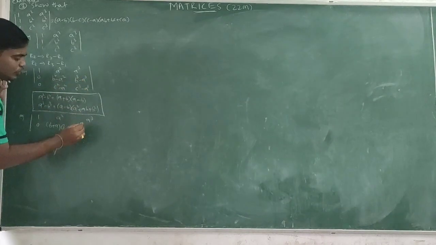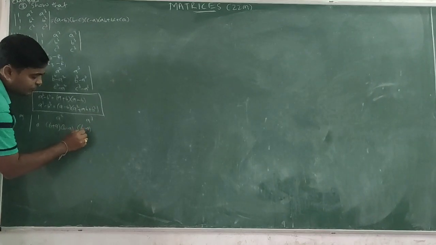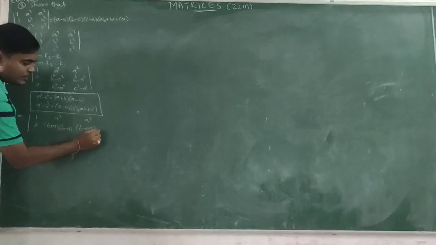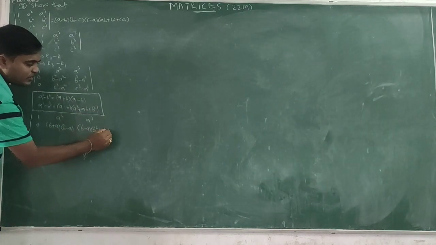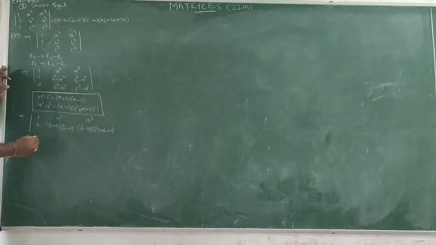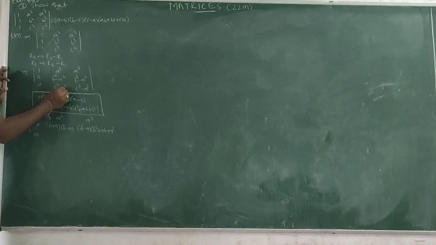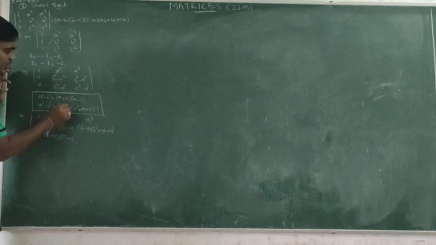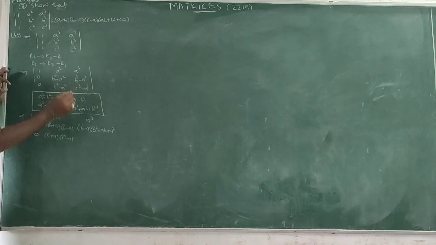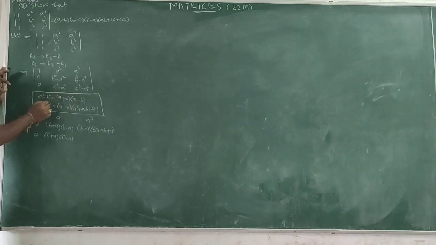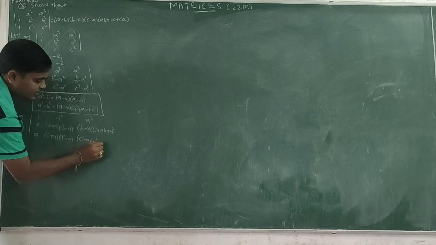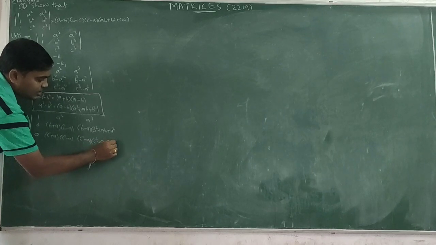Next, b cube minus a cube equals (b minus a)(b square plus ab plus a square). Now row 3: 0, c square minus a square, (c plus a) into (c minus a), and according to this formula, c cube minus a cube, instead of a, c, and instead of b, a: (c minus a)(c square plus ac plus a square).